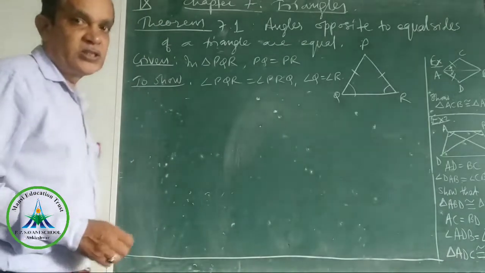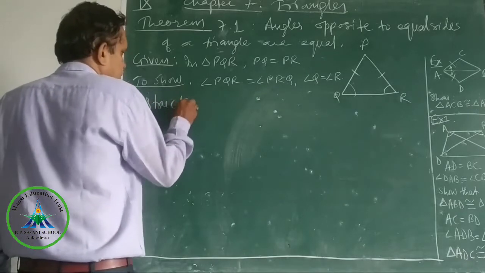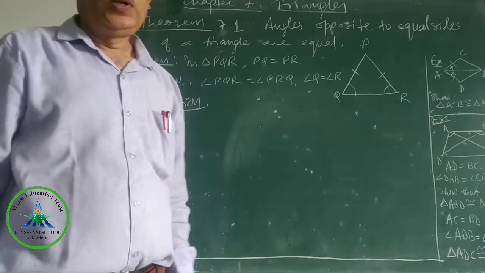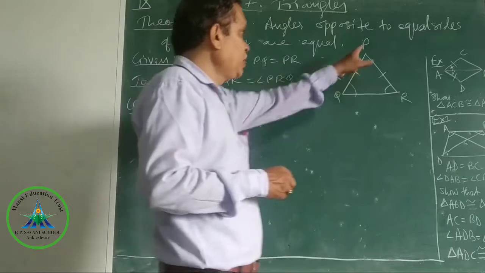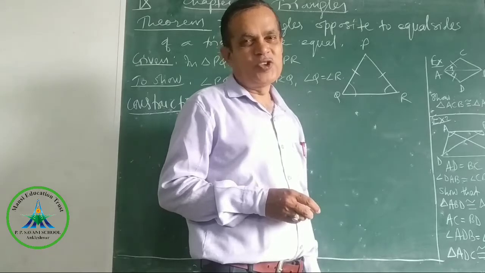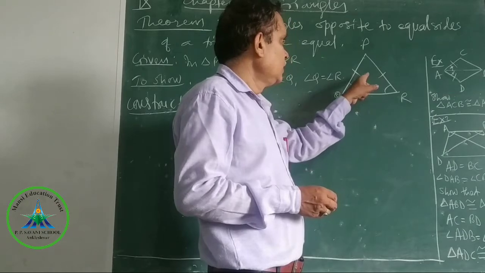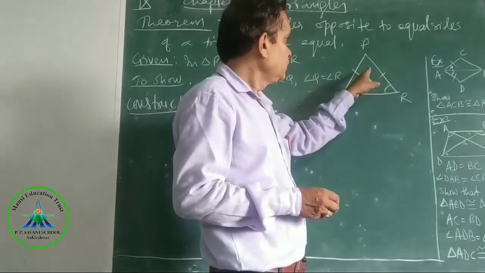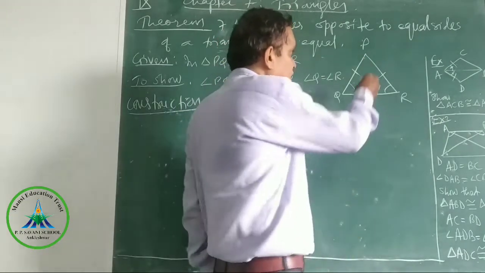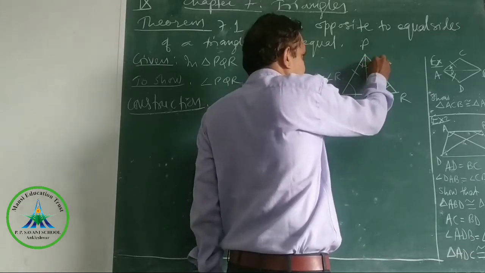Okay. Now see, for this we need construction. Look here. In this triangle PQR, two sides are equal, means this is an isosceles triangle. I am taking the angle bisector of angle P. I am drawing the angle bisector of angle P. This angle equal to this angle.